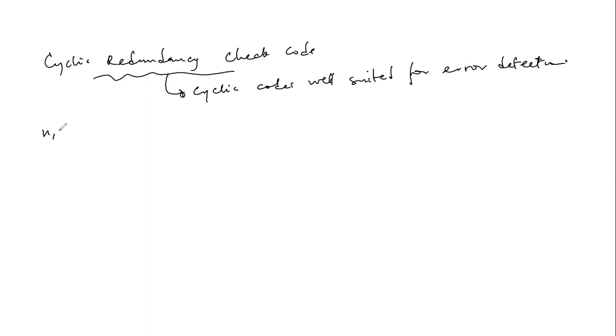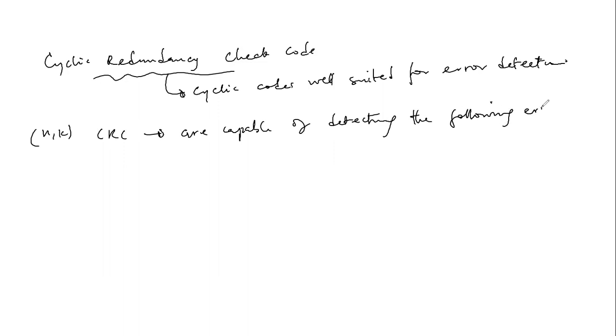The binary (n, k) cyclic redundancy check codes are capable of detecting the following error patterns. One, error bursts of length n minus k or less.